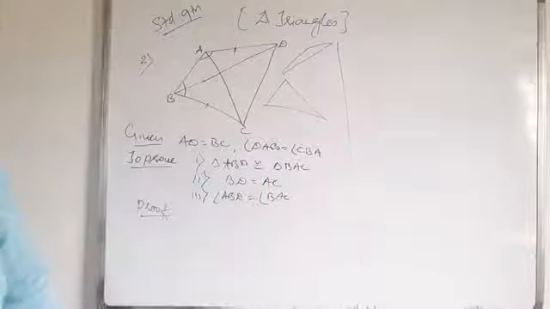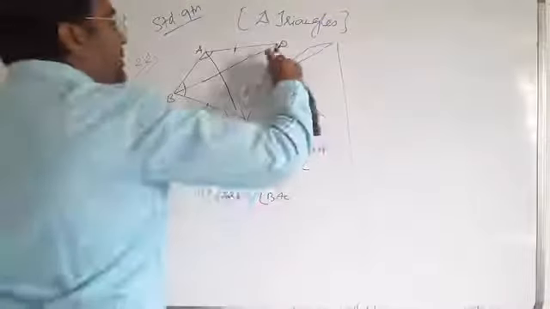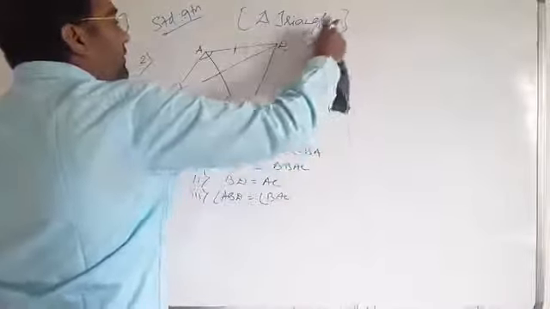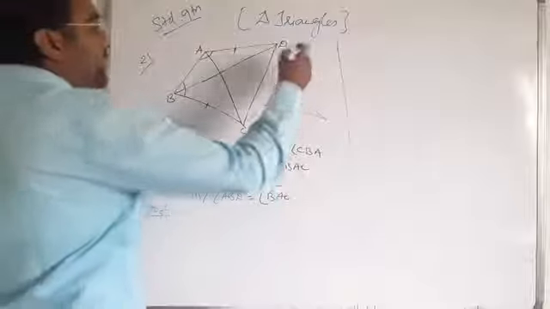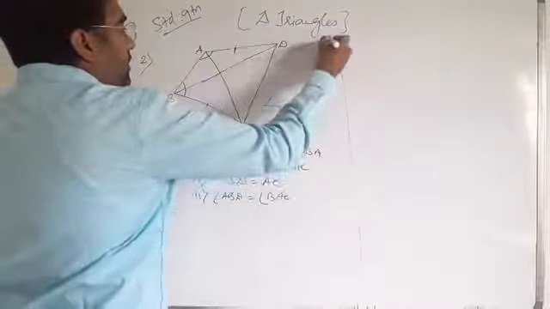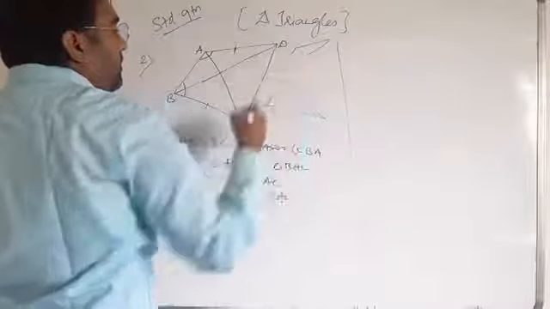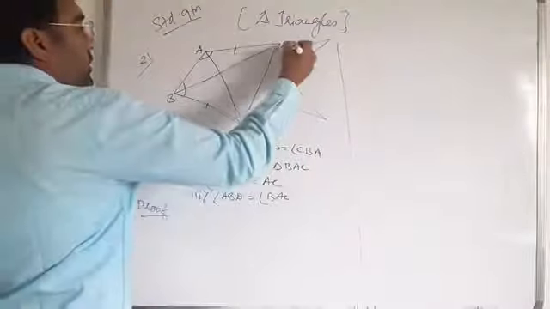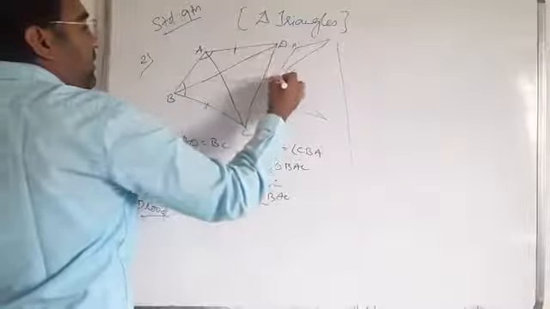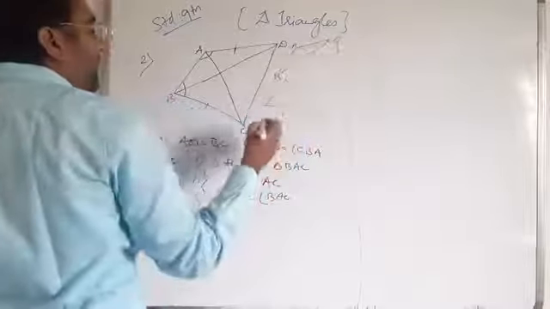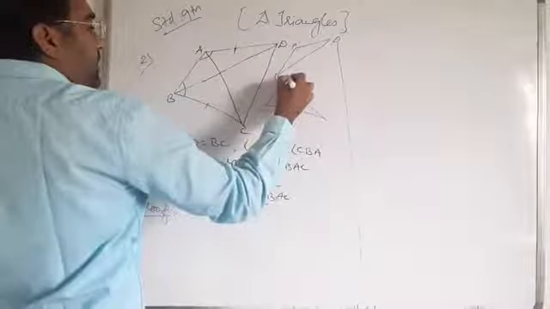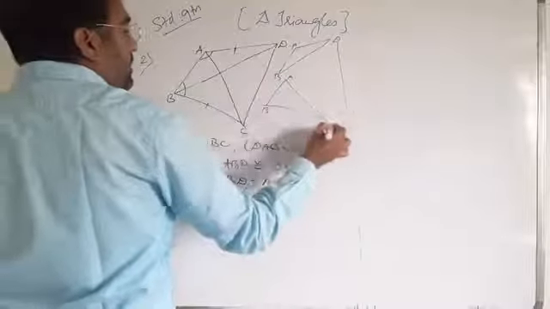I'll split the given triangles from the quadrilateral. One of them is A, B, D, and the second one is A, B, C.